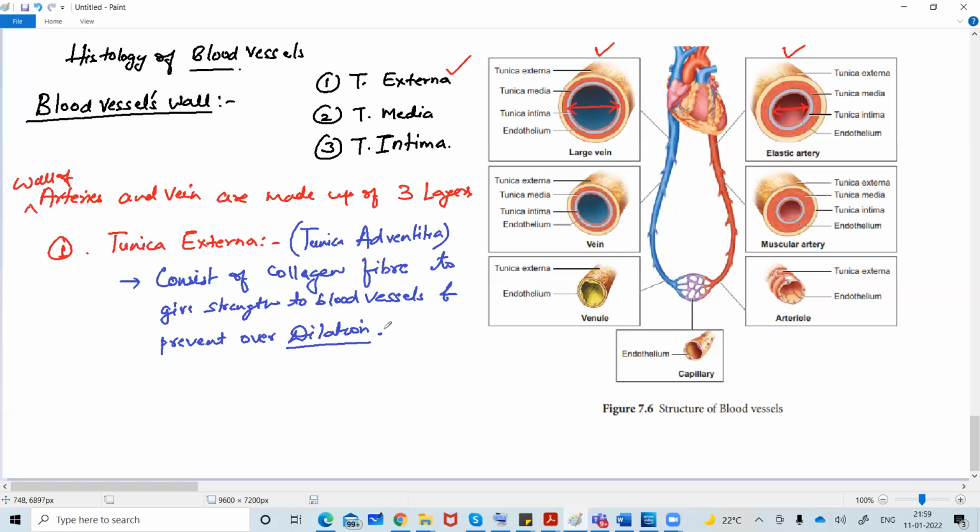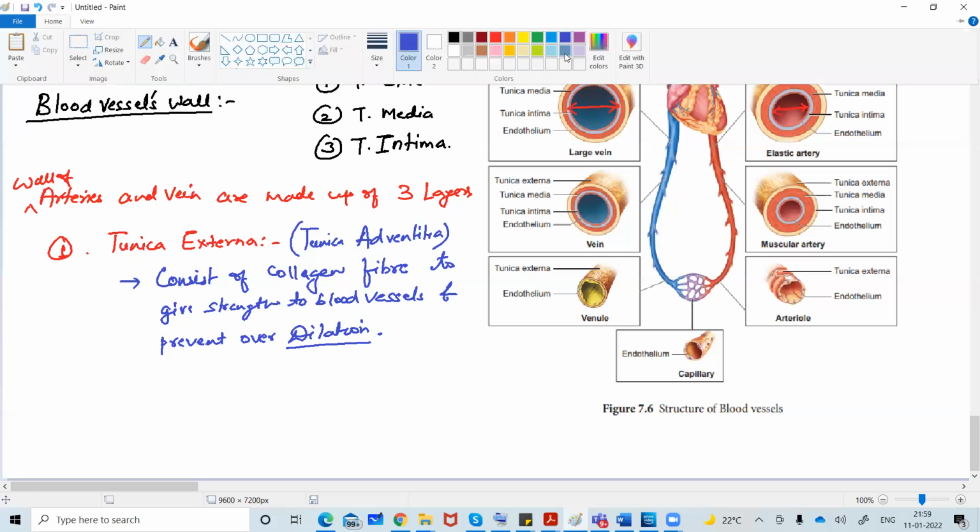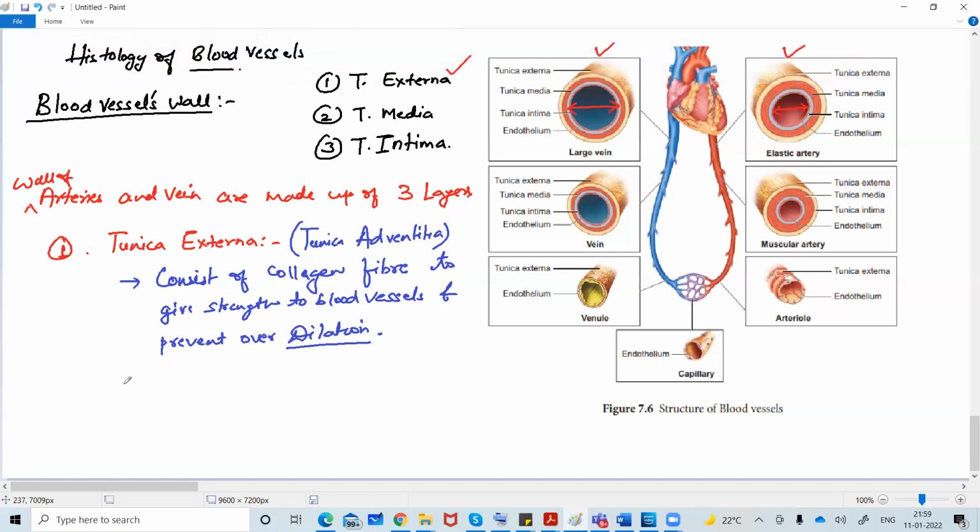If it is, then blood vessels will get open, right? They will get burst.